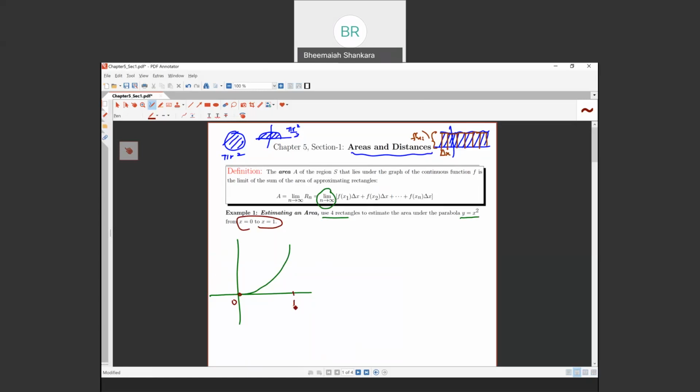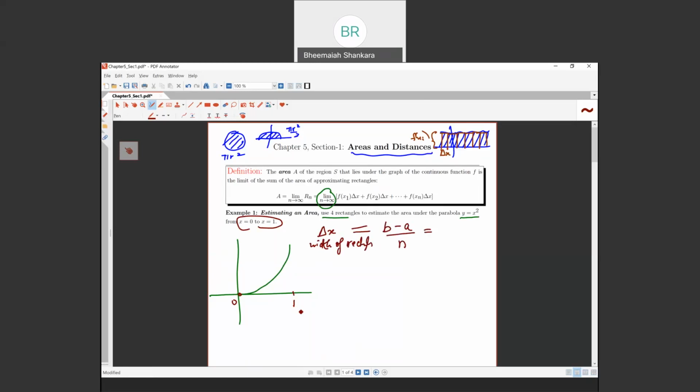Now before I do anything with this rectangle, let me calculate the delta x. Delta x is a small increment in the x value. And you can also call this the width of the rectangles. So the formula to calculate the rectangle width is (b minus a) divided by n.